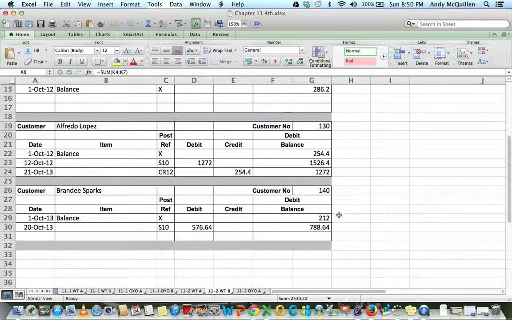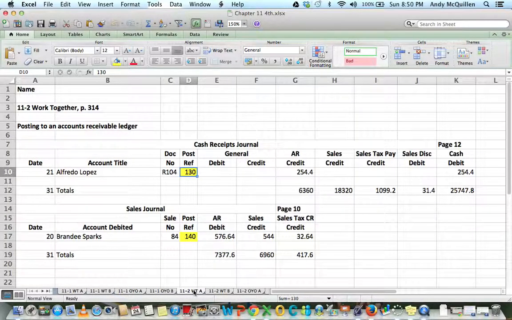Number 2 says post the accounts receivable debit entry of the sales journal to the accounts receivable account for Brandy Sparks. So we go to the sales journal, page 10. Brandy Sparks is on the 20th. Accounts receivable is the column we're dealing with, so it's going to be 576.64 debit.